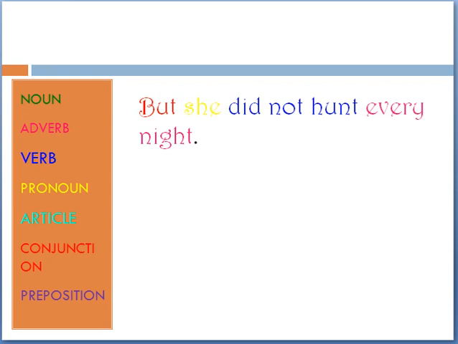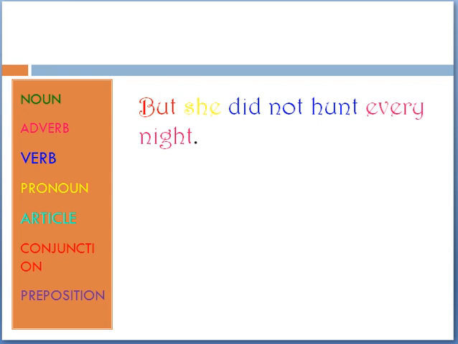And then again, if she could not hunt any land animals, then she goes for the aquatic animals. But after telling all this hunting, the last sentence says that the mother tiger did not hunt every night. So these two ideas of hunting and not hunting are joined by this word but. That is why it is a conjunction here.